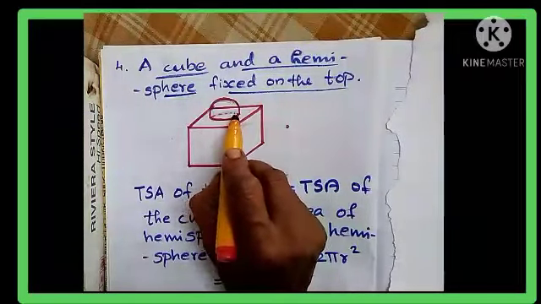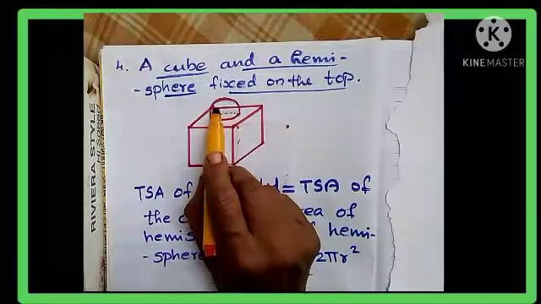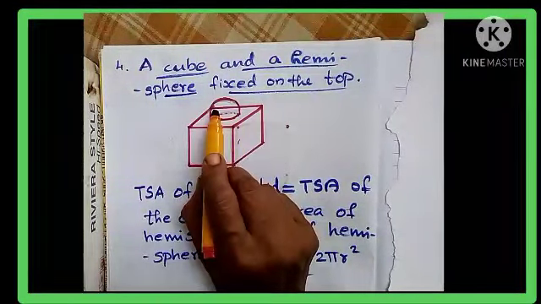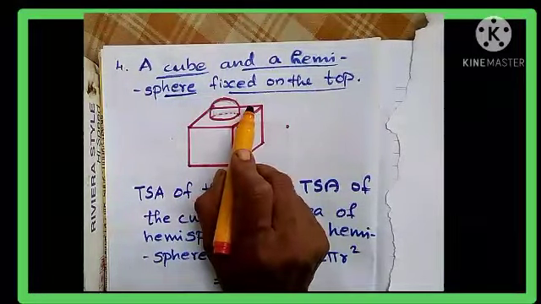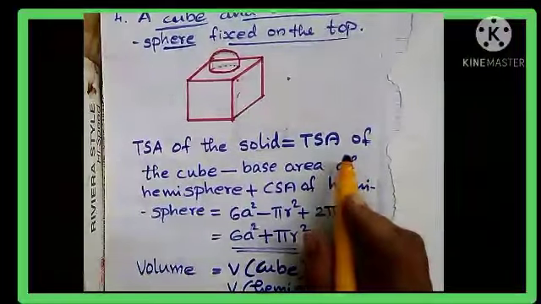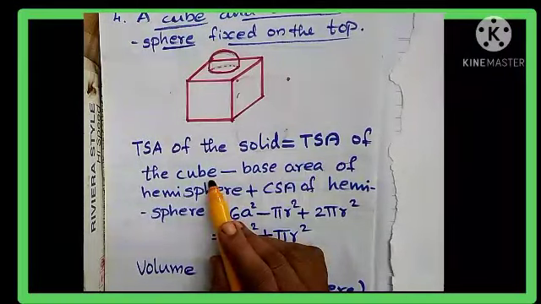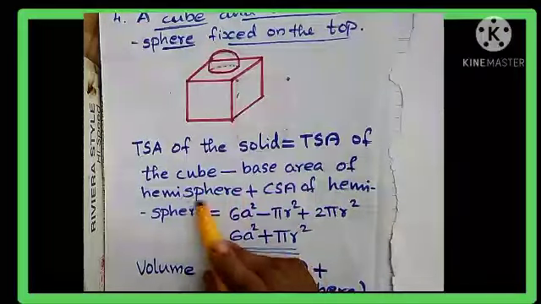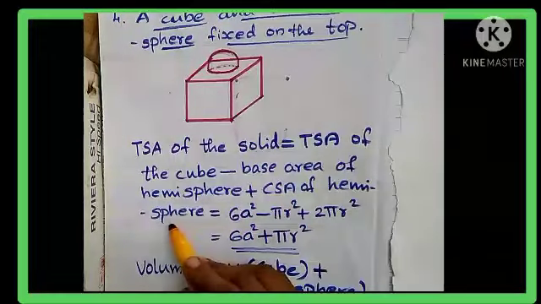That circular portion we need to avoid. Other than that, we have to find the CSA of the hemisphere. So we find the TSA of the solid by finding the TSA of the cube minus the base area of the hemisphere, plus the CSA of the hemisphere.